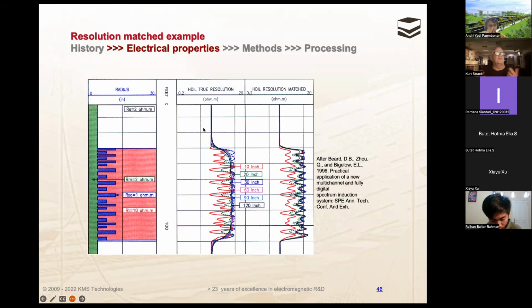So what you can then do with some filtering techniques, you can take the layering from the shallow tools and impose it on the deep tools so that you then have a resolution matched measurement where the deep measurement also includes the shallow layering.